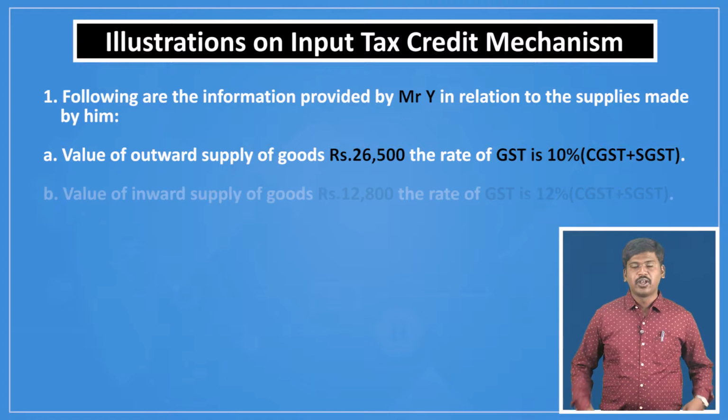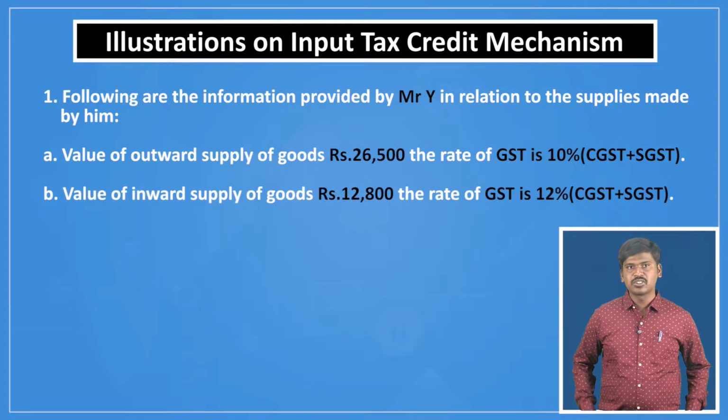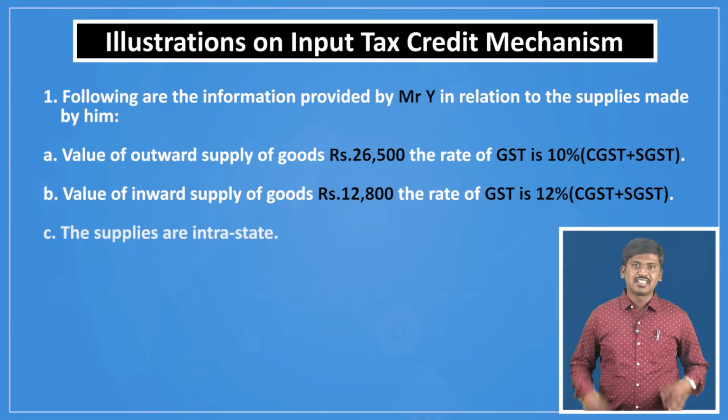Number 2. Value of inward supply of goods rupees 12,800. The rate of GST is 12%, including CGST plus SGST. Number 3. The supplies are intrastate. You are required to show the working mechanism of input tax credit for the above case.